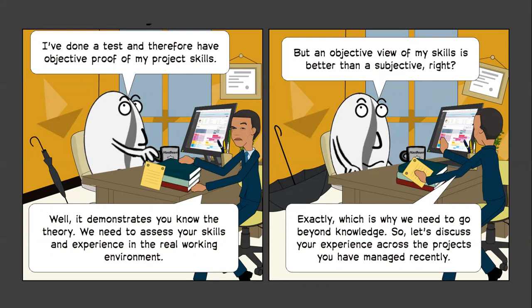As we can see on the left-hand side, it says, "I've done a test and therefore have objective proof of my project skills." And on the right-hand side, we see where it says, "Exactly, which is why we need to go beyond knowledge. So let's discuss your experience across the projects you have managed recently."